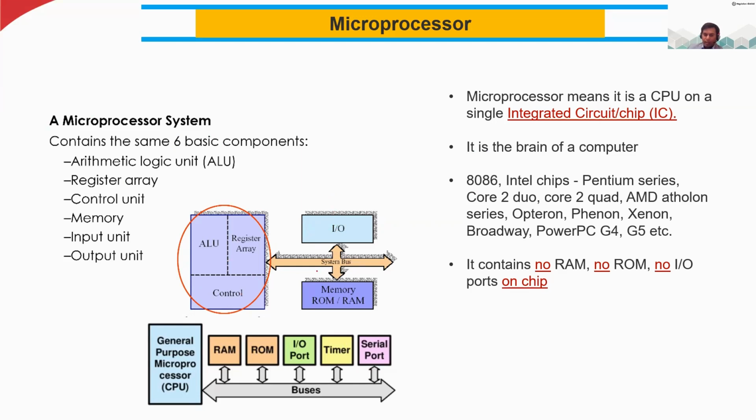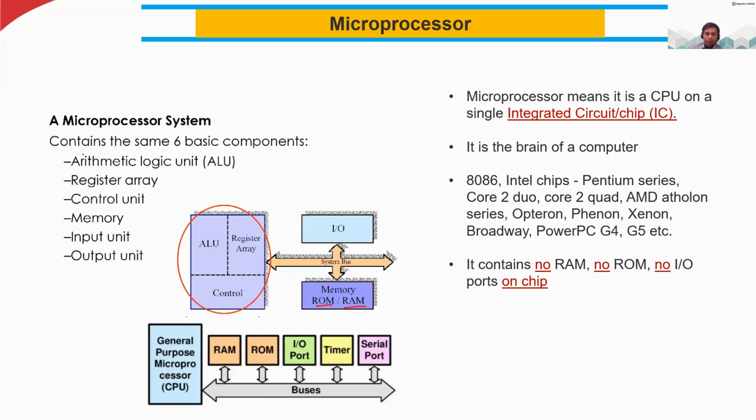And we have the system bus. A bus just helps to transfer the data between different modules. And we have external memories, that is ROM and RAM, read-only memory and random access memory. You should know the difference between ROM and RAM. Everything is external. So here we have a general purpose microprocessor, and the RAM, ROM, IO port, timers, serial port, ADC, DAC, everything is outside of this processor.